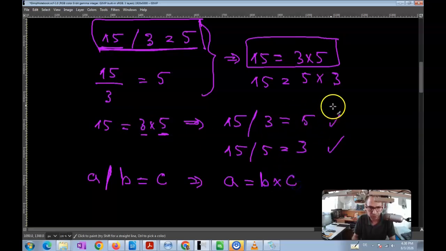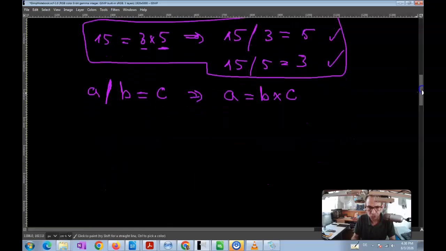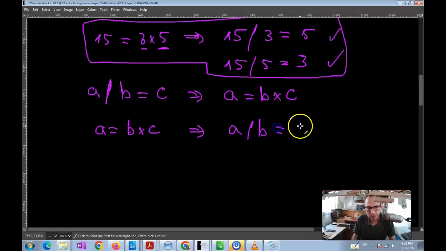And we saw over here that the inverse is also true, meaning that if I have a is equal to b times c, then that implies, that's called an implication, that a divided by b is equal to c.